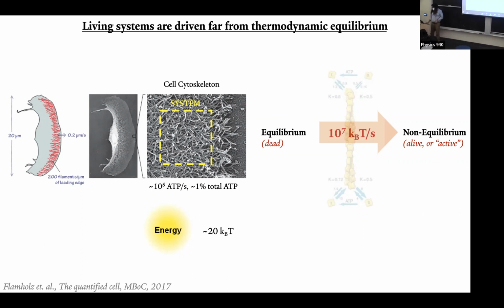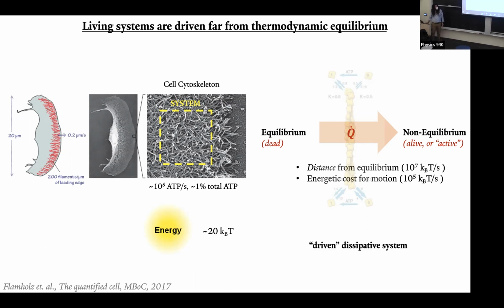We could think of that not only as the distance from equilibrium, but each of the subcomponents, like the amount of energy it takes to assemble the machinery, as an energetic cost. As that's what drives the system away from equilibrium, we could also think of it as the energy dissipated. However, this is not a system that is decaying towards equilibrium. It's one that's maintained away from equilibrium, and so we call this a driven dissipative system.